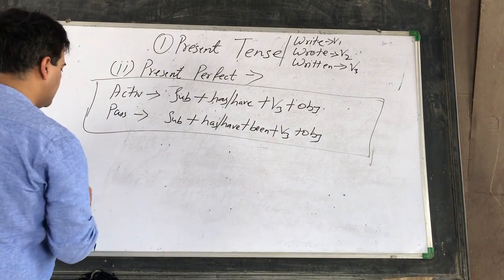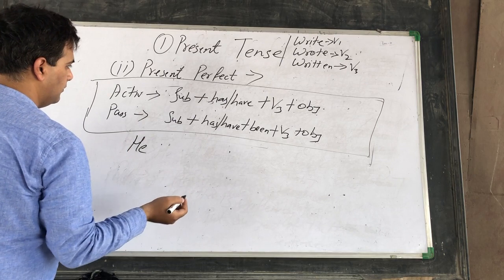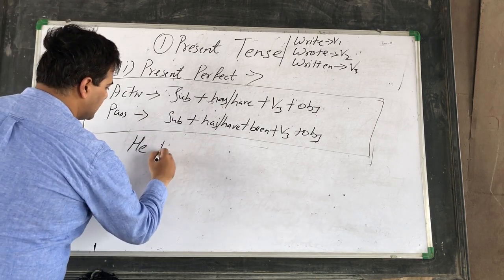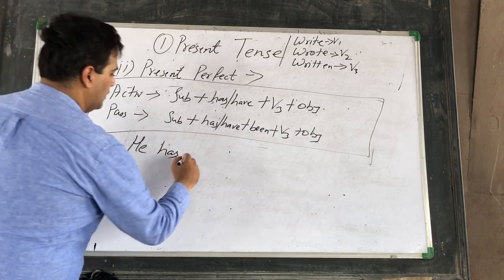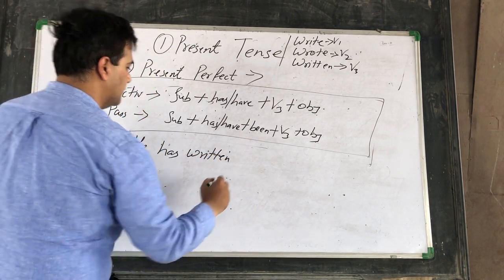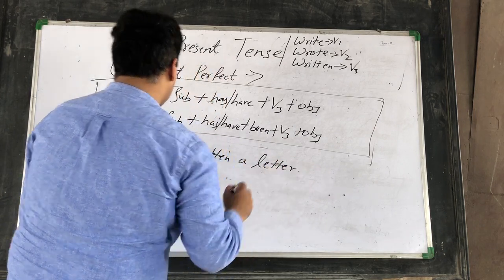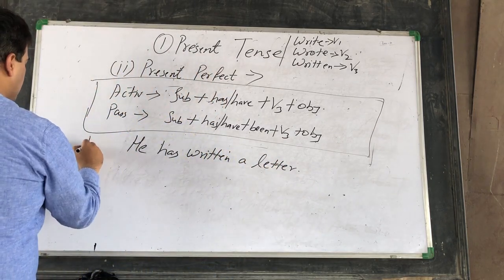Let us convert our original sentence. He, singular subject, so has written a letter. He has written a letter. This is an active voice.